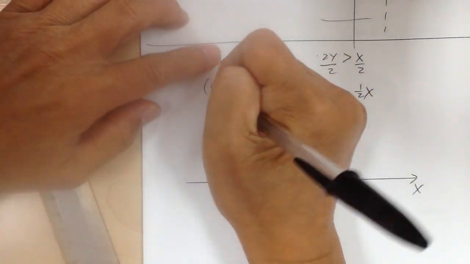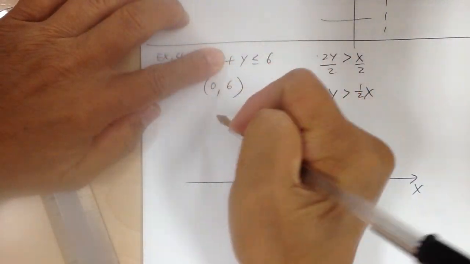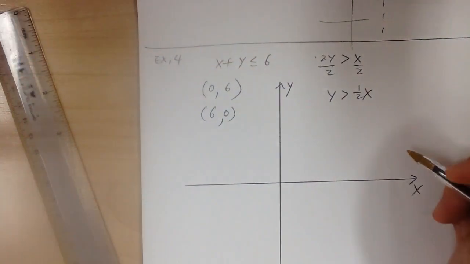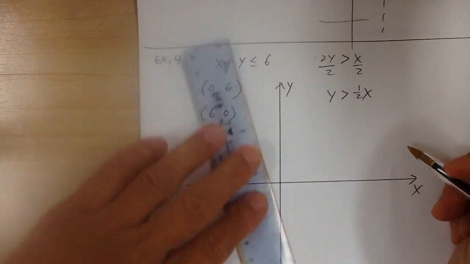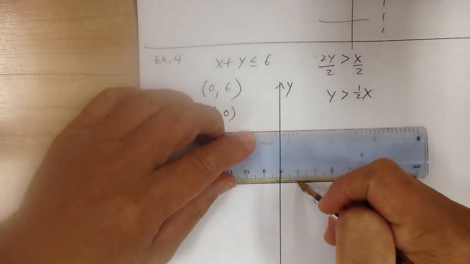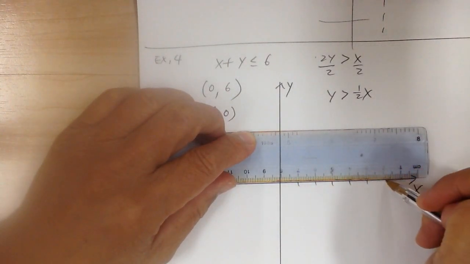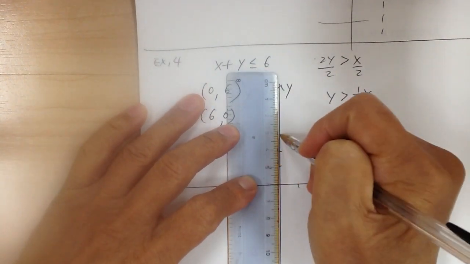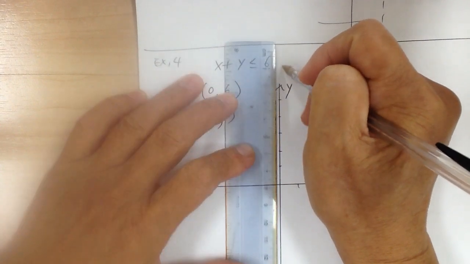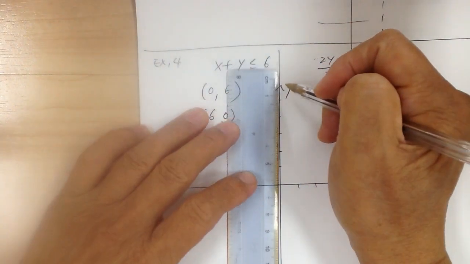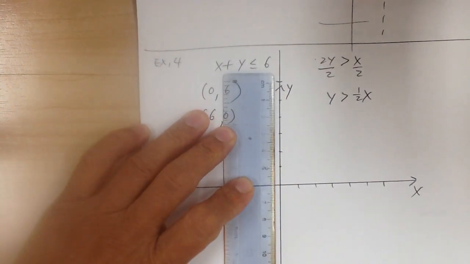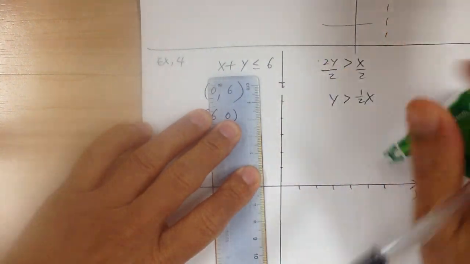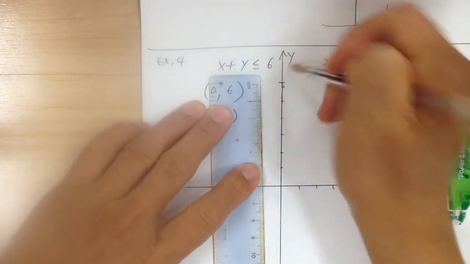If you let x equal 0, then y will equal 6. If you let y equal 0, then x will equal 6.